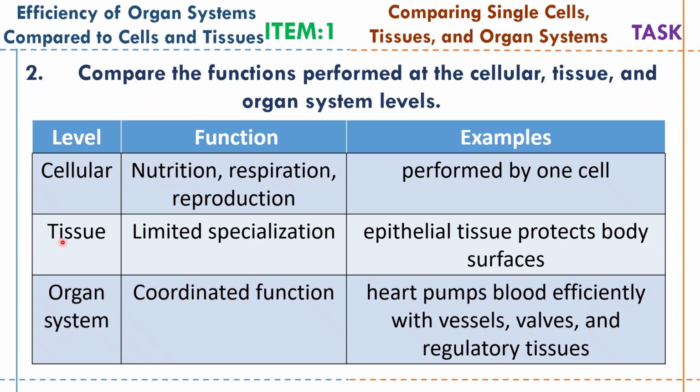Tissue: the function, limited specialization. Epithelial tissue protects body surface. Organ system: coordinated functions. The heart pumps blood efficiently with vessels, valves, and regulatory tissues.